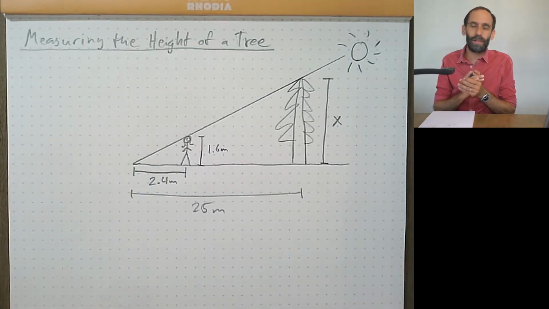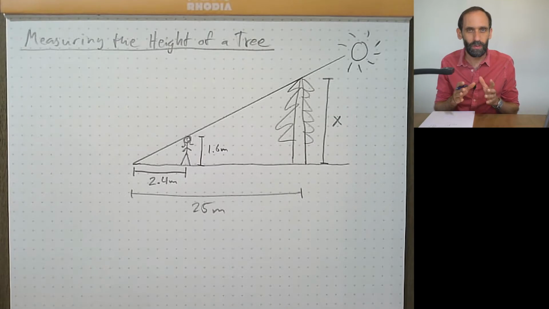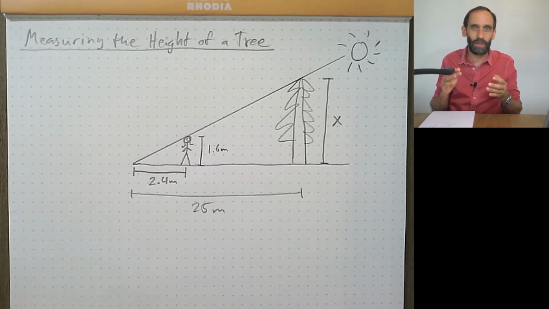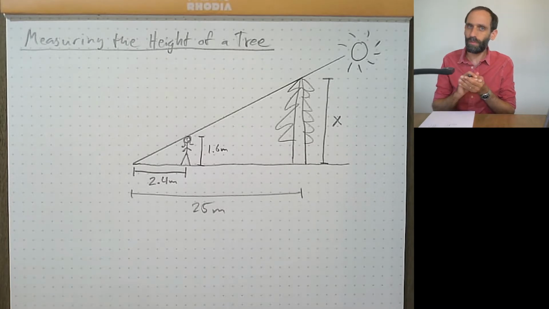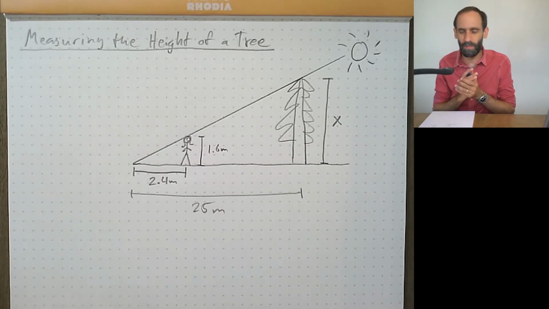Well, we haven't proven that that's true. And it's not necessarily logically necessary or obvious, but it certainly seems to make sense that those ratios would be the same. So let's go ahead and go with that.